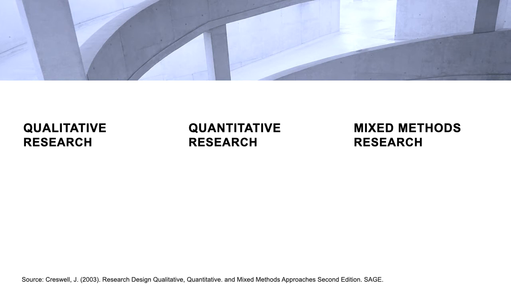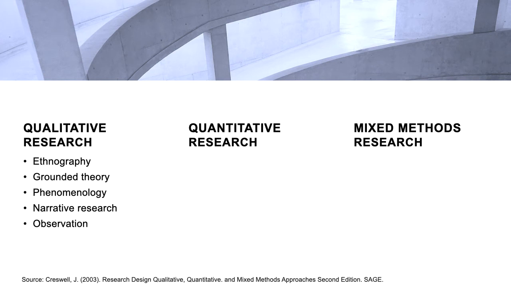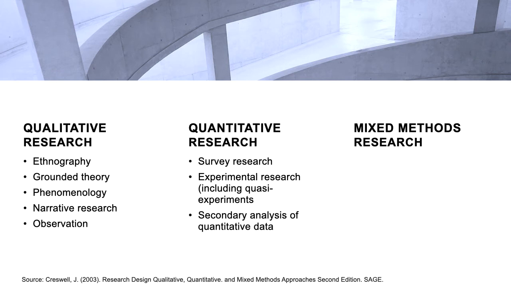Here are some examples of typical designs and methods for each of the three approaches. Examples of qualitative research approaches and methods are ethnography, grounded theory, phenomenology, narrative research, and observation. For quantitative research, many surveys are designed for quantitative analysis.